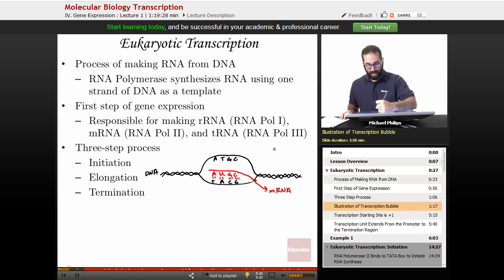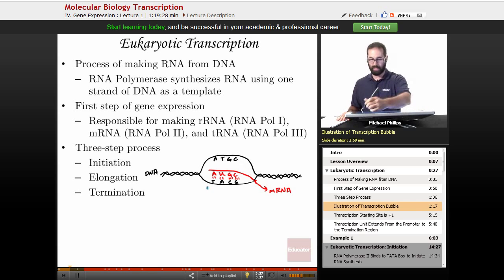And this can vary in length. So we have our DNA opened up, and we have our mRNA being synthesized off of a strand of the DNA that is acting as the template strand.